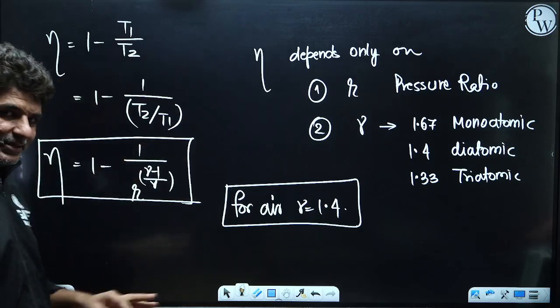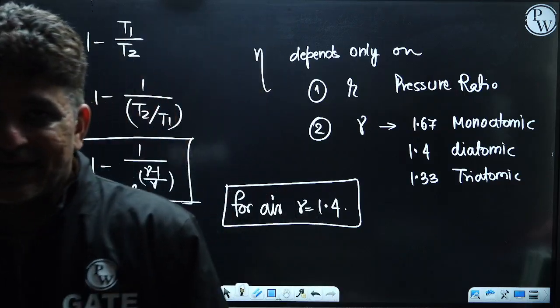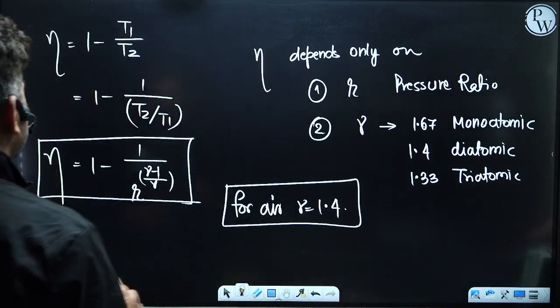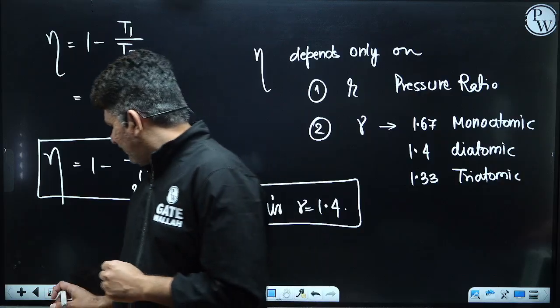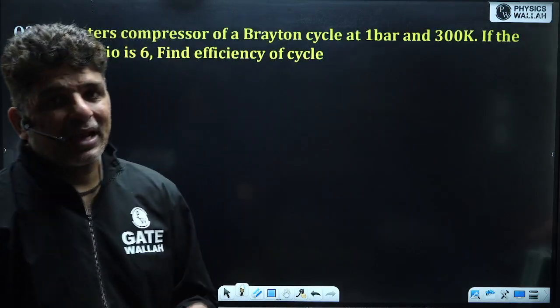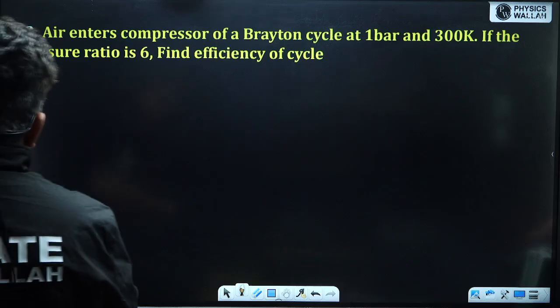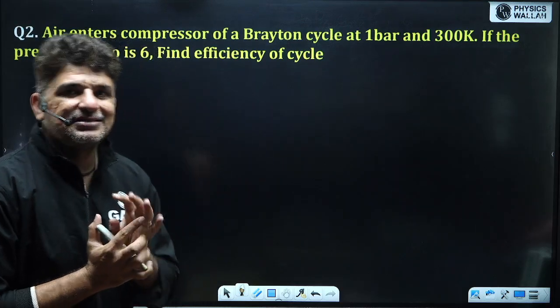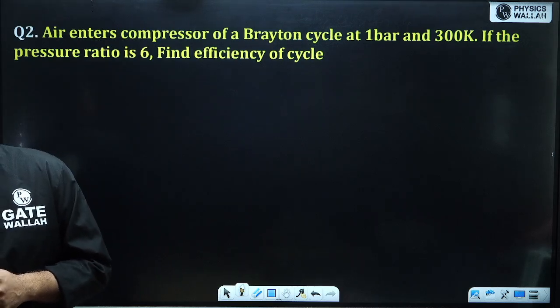Very interesting result. So this is all about the Brayton cycle. This is the theoretical Brayton cycle that we are studying over here. Now we will do two questions, and then we will see how the efficiencies are calculated in case of a Brayton cycle, and how it impacts the temperatures, or the energy that is taken out from the cycle.